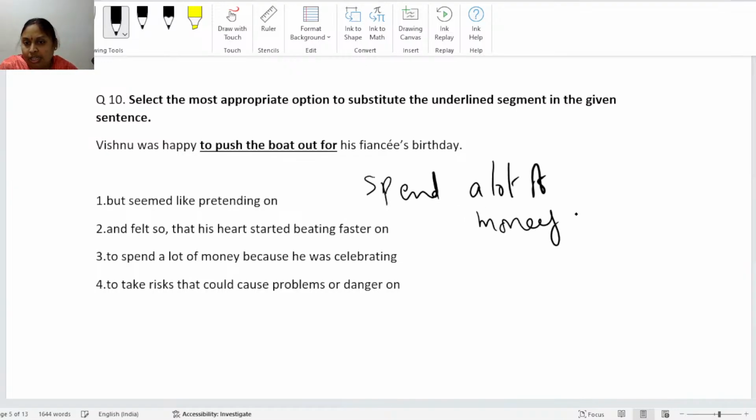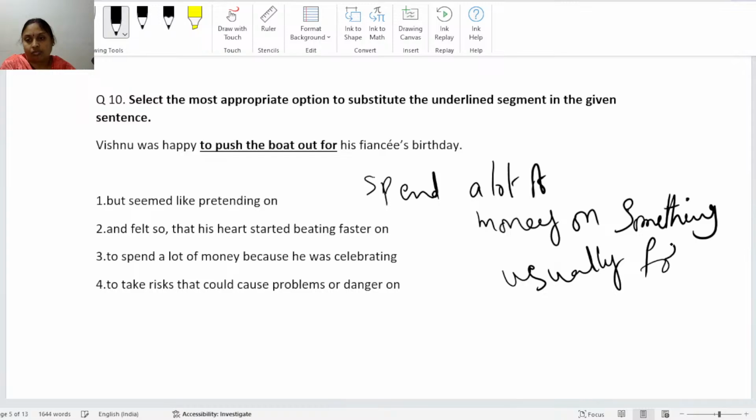Spend a lot of money on something, usually for a celebration.